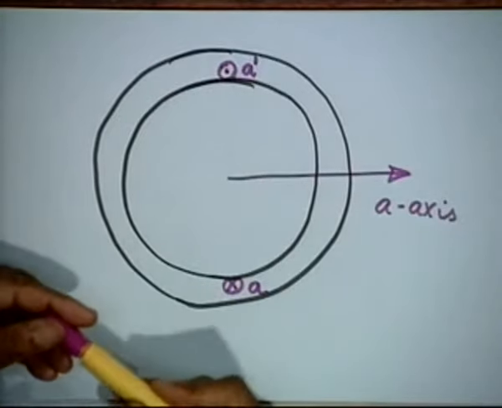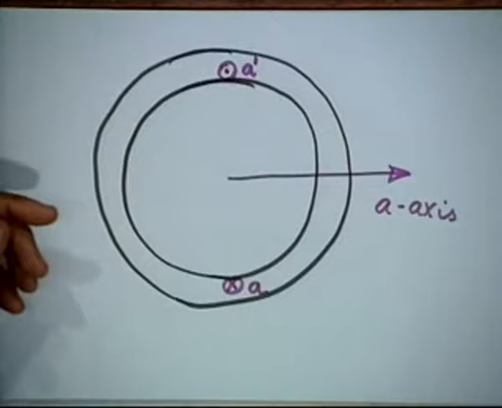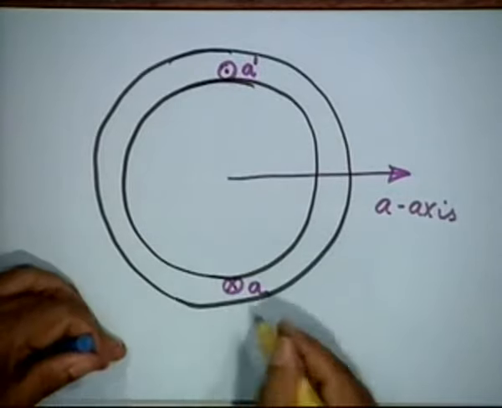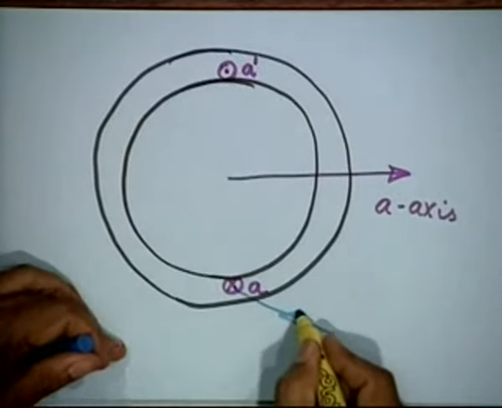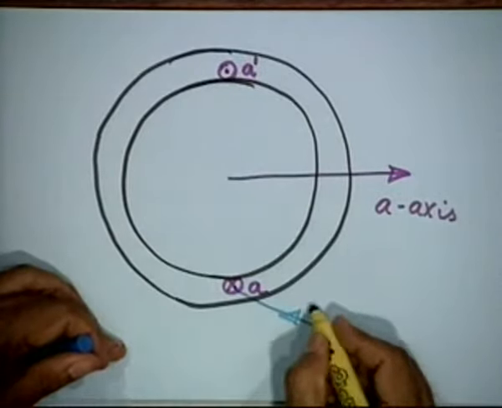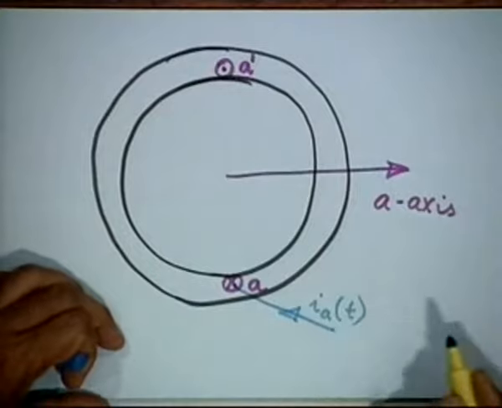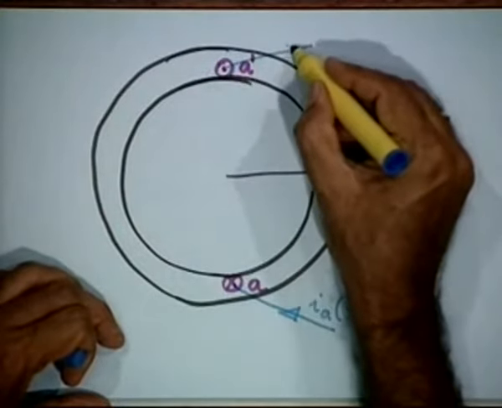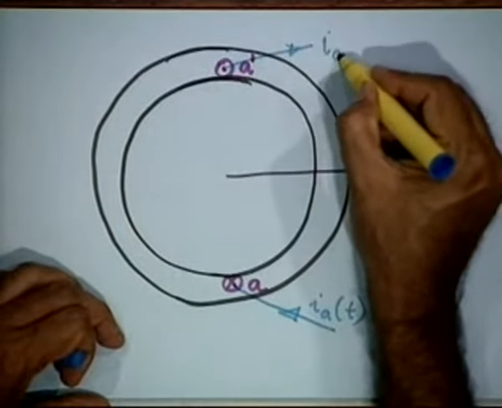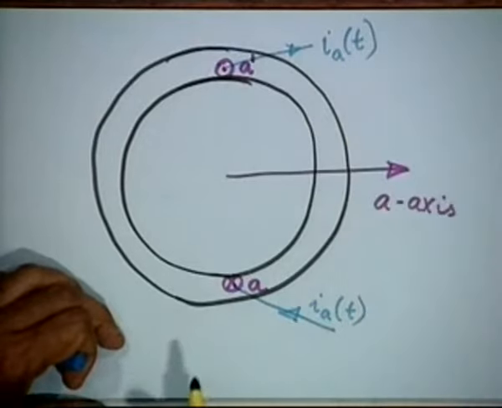And we pass a current through A, let us say, which is a time varying current. This is varying with time, and the same current comes out, varying with time.